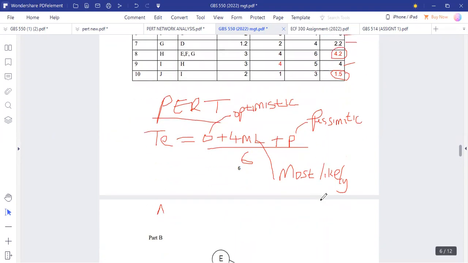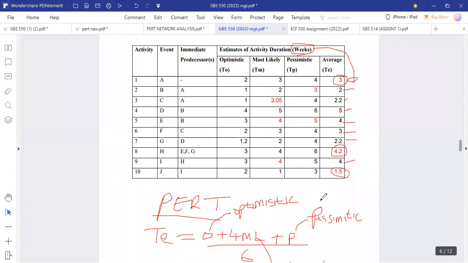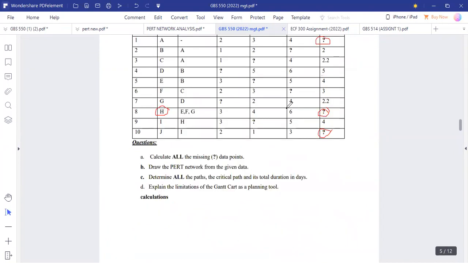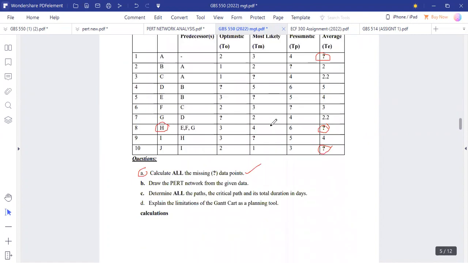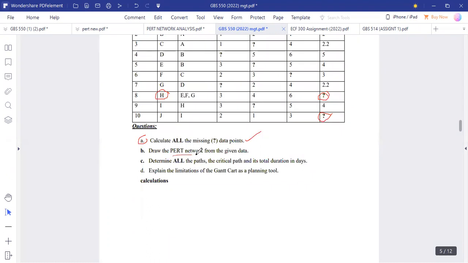Okay, so each of these activities, we have gotten them in weeks using the formula here for the expected time. And after we have come up with the expected duration for each activity, then we can construct the network diagram. Because the question requires that we calculate the missing points, which we have done for part A using the information in the table, we can now get to the PERT network diagram.